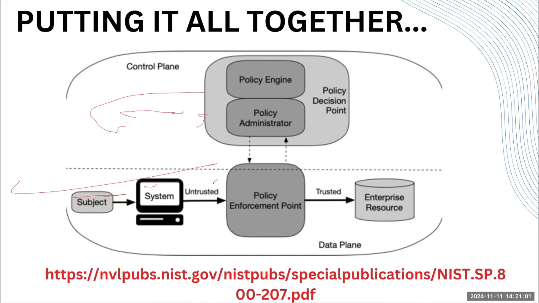So when it reaches the policy enforcement point here, the policy enforcement point will stop that connection. It will communicate with the policy administrator. It will tell the policy administrator, please go and figure out what should I do with this connection. Should I allow it or should I deny it? And the policy administrator obviously is the network admin, right?